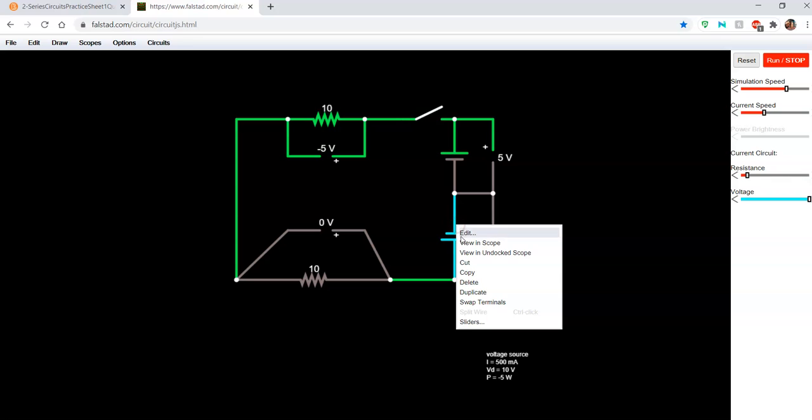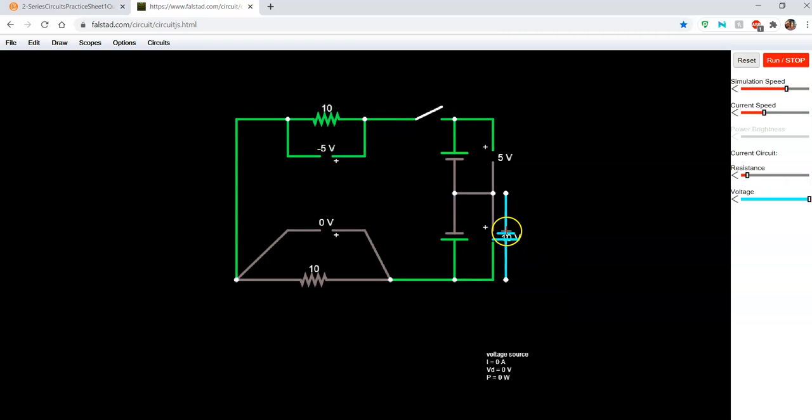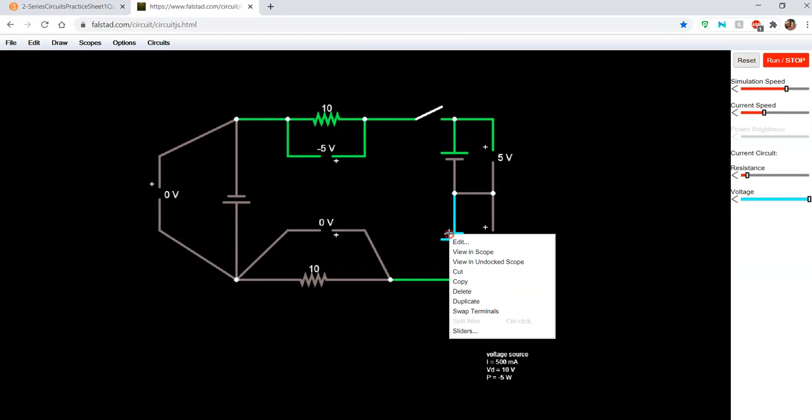Something else that I'm going to do here, I'm going to apply another power source right at this point. In this instance, we have a series circuit, and now we have 3 power sources.